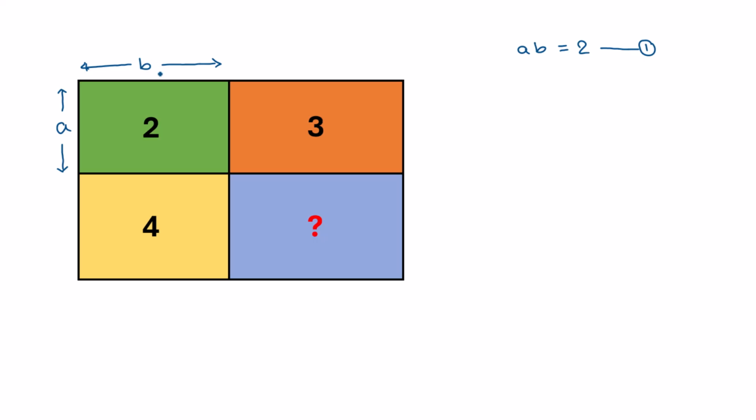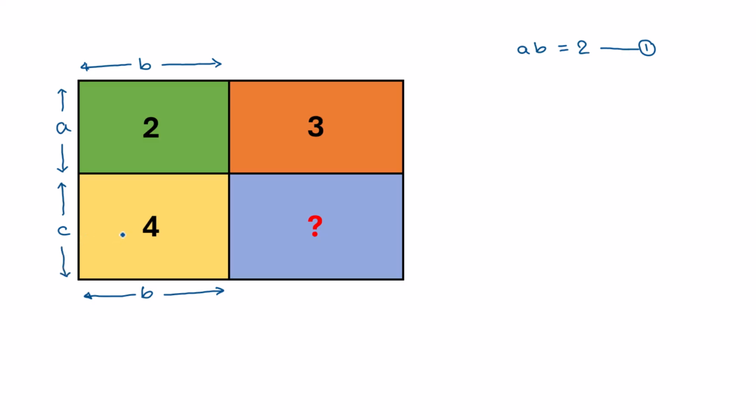Now, as the length of this rectangle is B unit and this length is same as this length, the length of this rectangle will also be B unit. So this length will also be B. And consider the width of this rectangle as C. So consider this length as C unit.